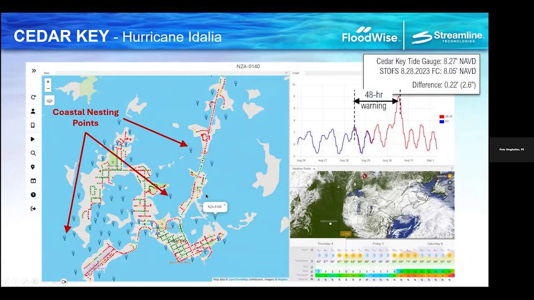So we set up a model of this system, and we dropped in the risk points, and all these pins are places where we connected to the NOAA forecast system. We were getting a 48-hour warning with this system down to each of these points. And we were within 3 inches of the observed level at the Cedar Key tide station.